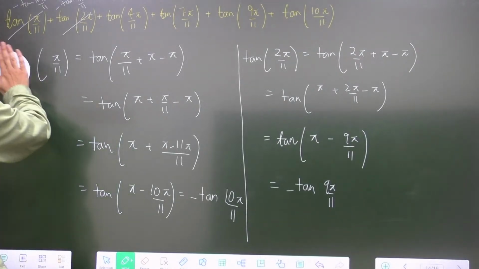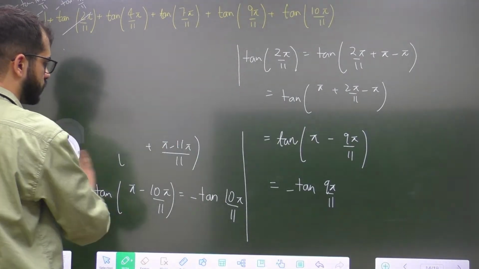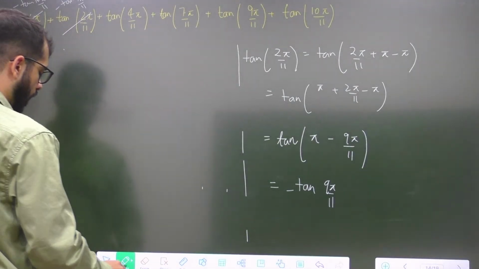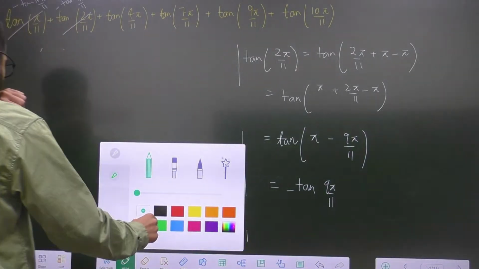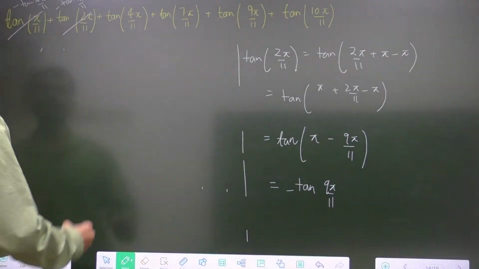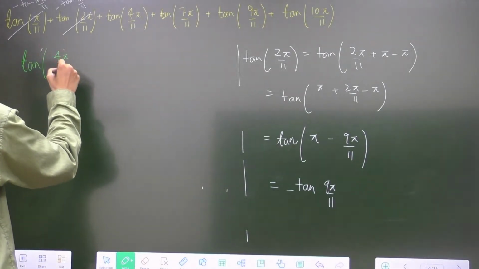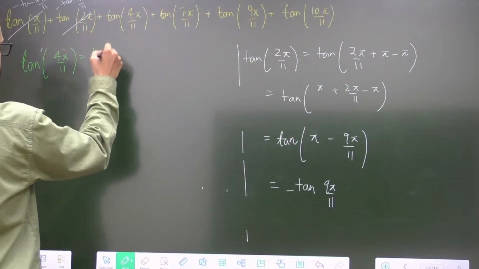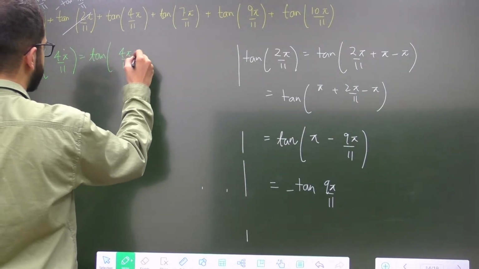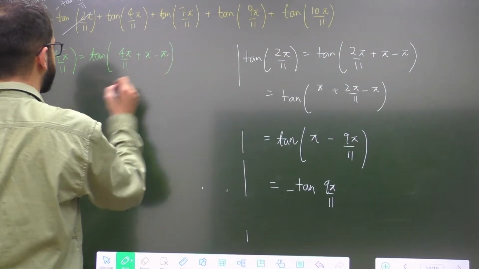I'm removing this, I hope you have copied. Now I have tan of 4 pi by 11. I can write it as tan of 4 pi by 11 plus pi minus pi.